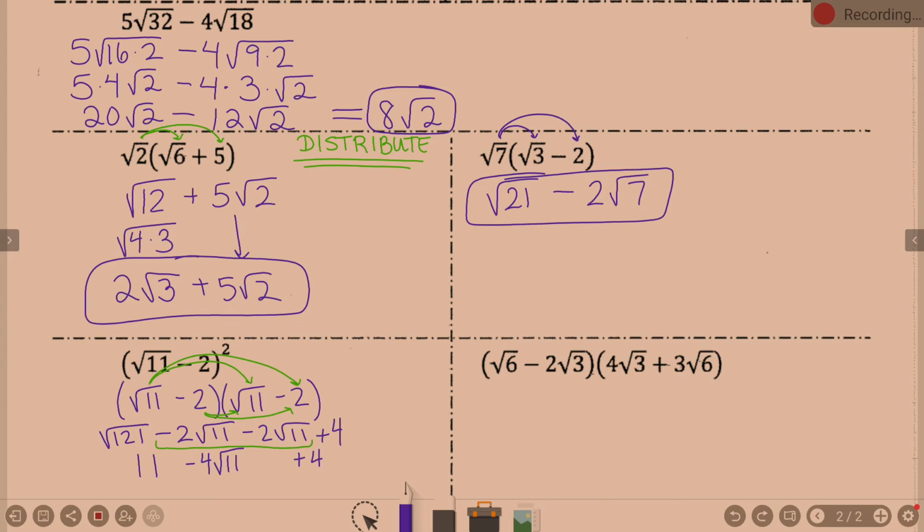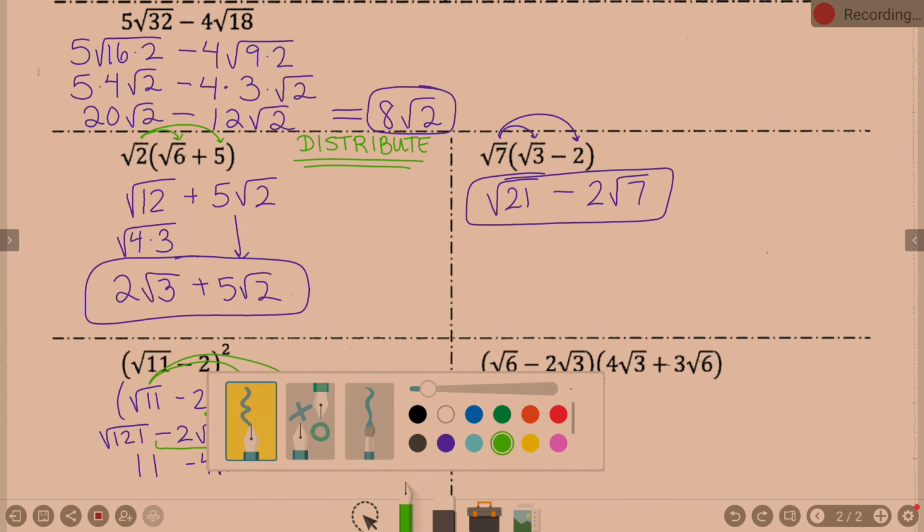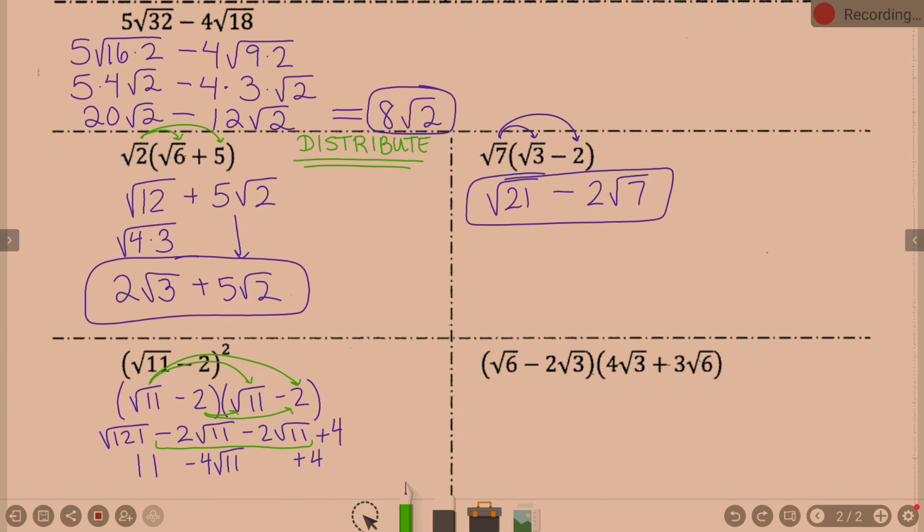Not quite. Why am I not quite done? Because 11 minus 4 is 7. But why did you do 11 minus 4? Because it says 11, but what kind of 4 is it? Negative 4. That's a plus 4.